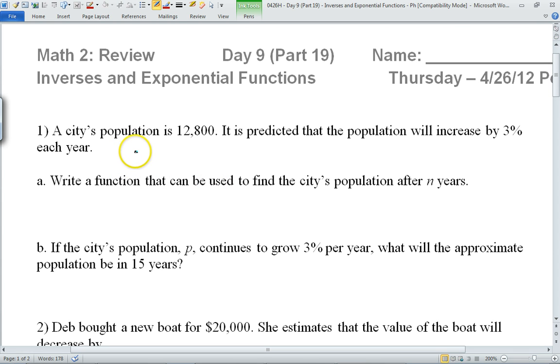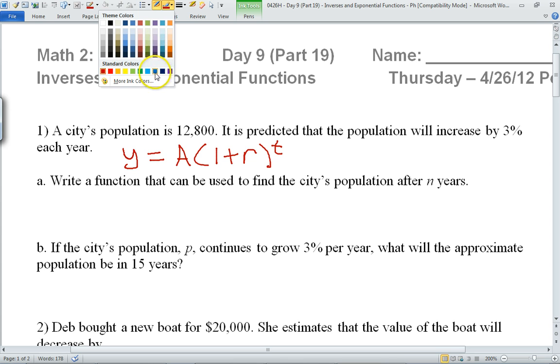Well, we learned that in general, when we have exponential growth, it's going to take the form y equals a times 1 plus r to the power of t. So we just have to remember what all these things represent.